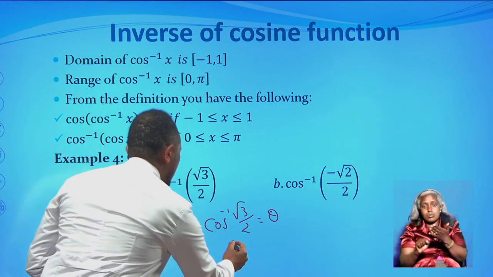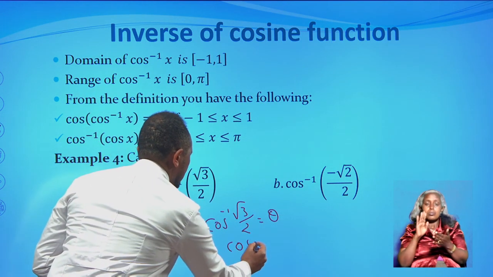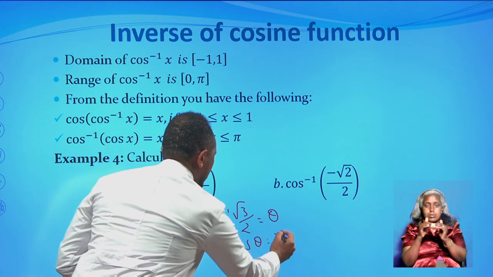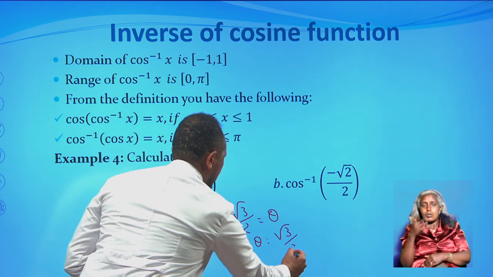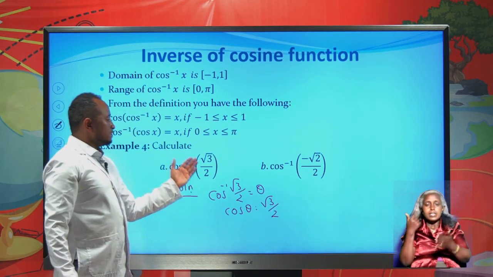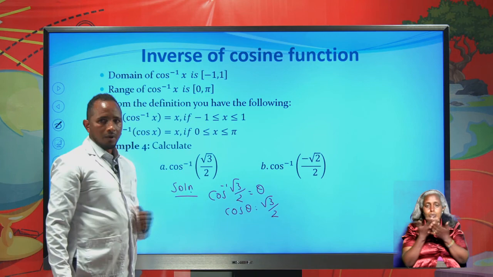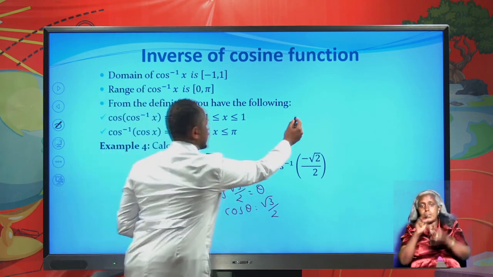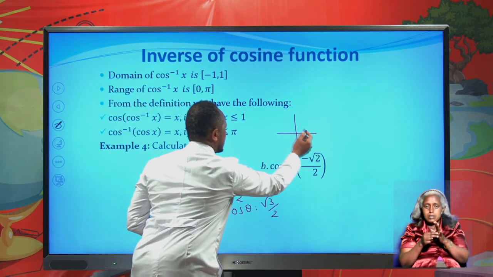So cos theta will be equal to root 3 over 2, and this is defined where theta is between 0 and pi, which means on this interval.